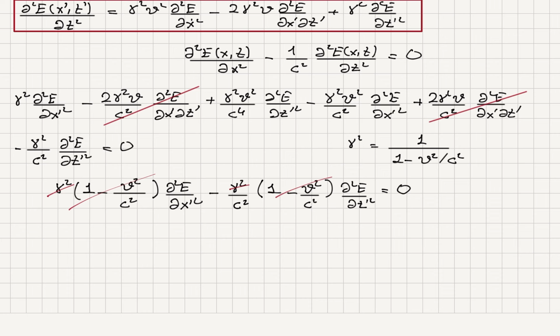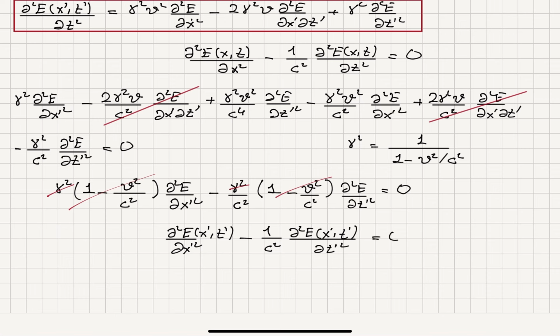So I obtain the final answer del square E of x prime t prime over del x prime squared, minus 1 over c squared del squared E of x prime t prime over del t prime squared is equal to 0, which has the same form as the form in the S reference frame. So this is the S frame, this is the S prime reference frame.